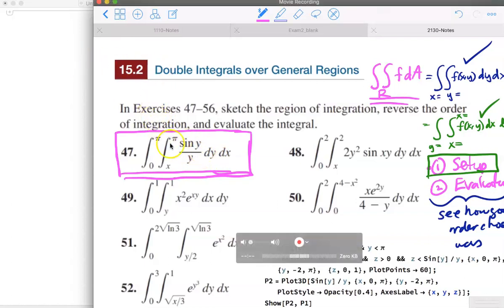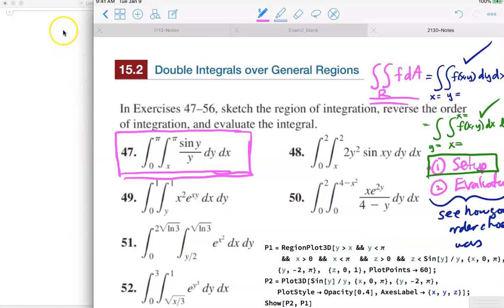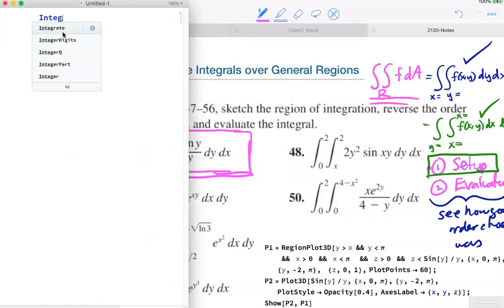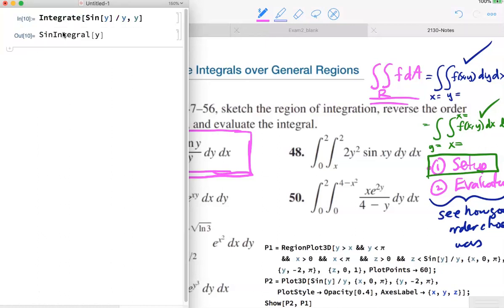Well, one of the difficulties is that if you try to do the dy problem, we need to integrate the sine of y over y, and that function may not actually have an antiderivative that you're familiar with.